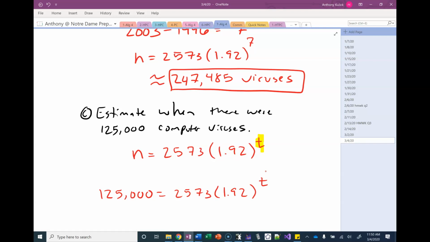So now we're going to try to solve for t. Can we do this algebraically? Well, do we know how to get something out of an exponent if we have a variable in the exponent? No, not really, right?